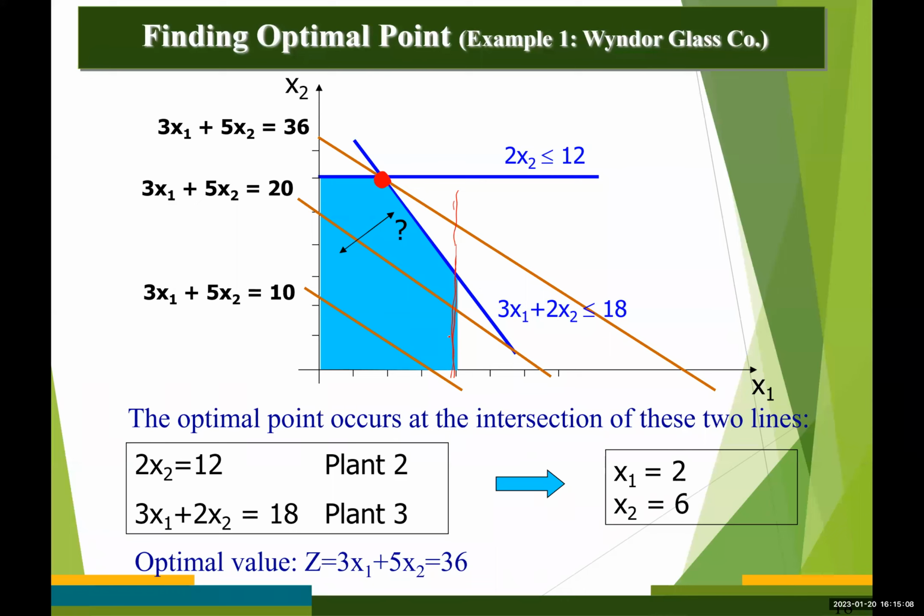Similarly, if there is no gap between the line and the optimal point, then the corresponding constraint is a binding constraint. That's why at the optimal point, we have two binding constraints, okay?